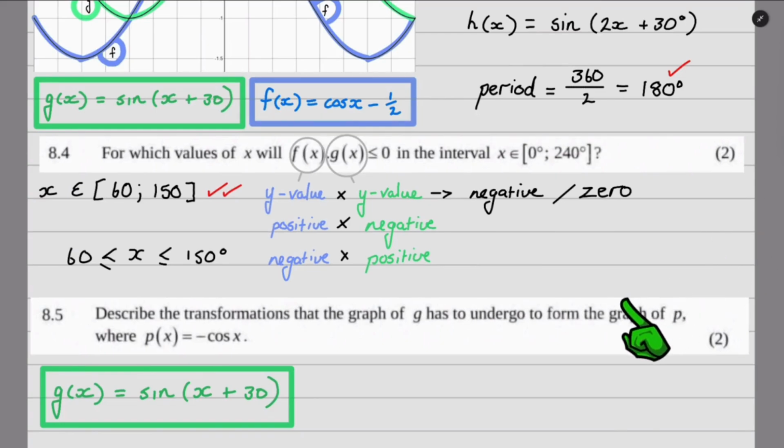And now the last question asks to describe the transformations, which implies there's more than one, that the graph of G undergoes to transform to the graph of P, which has this equation. So I'm going to take more of an algebraic route here. You can use a graphical route as well. What I want to do is change this to be x plus 90 so that I can use my co-ratios or co-functions.